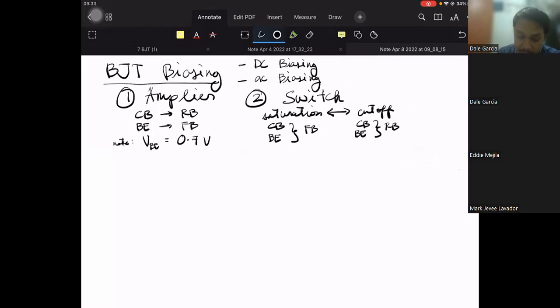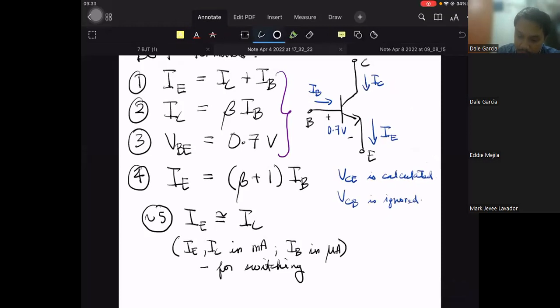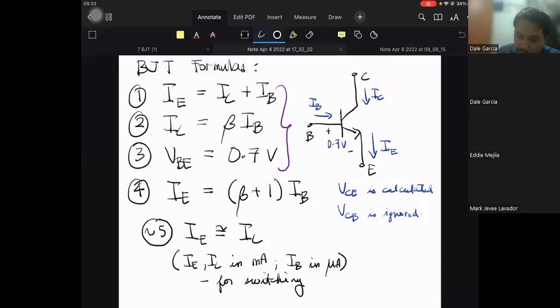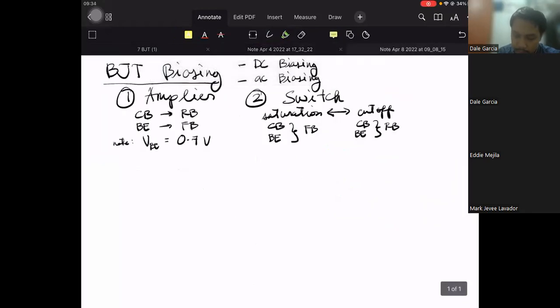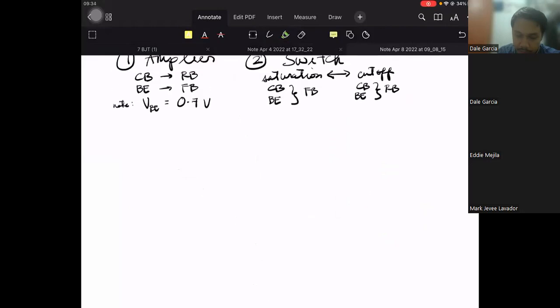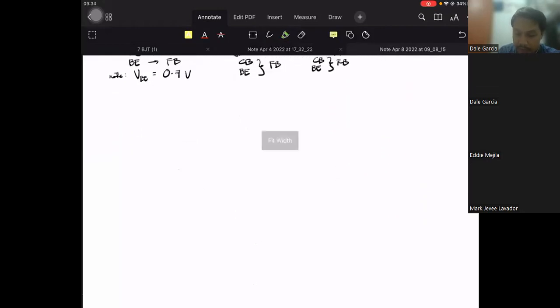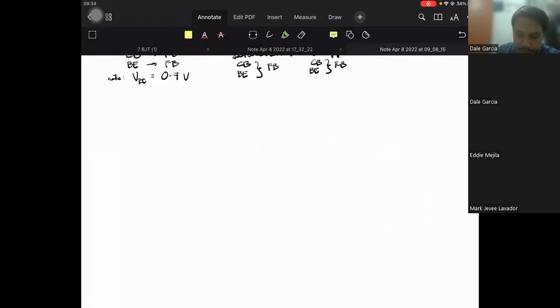Actually, that's the third formula. The first two define the currents. So let's try to solve or analyze amplifier circuits.